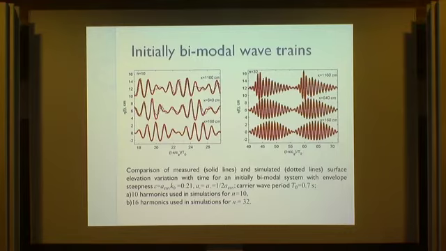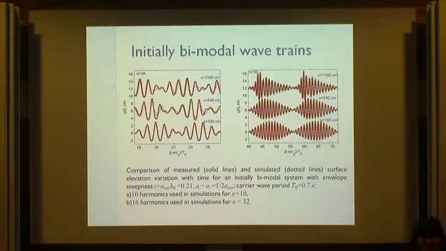Here you can also see that the picture is not symmetric above the x-axis, so you have slightly bigger values here than you have here. This is because we have bound waves, which occur at frequencies higher than the usual one.